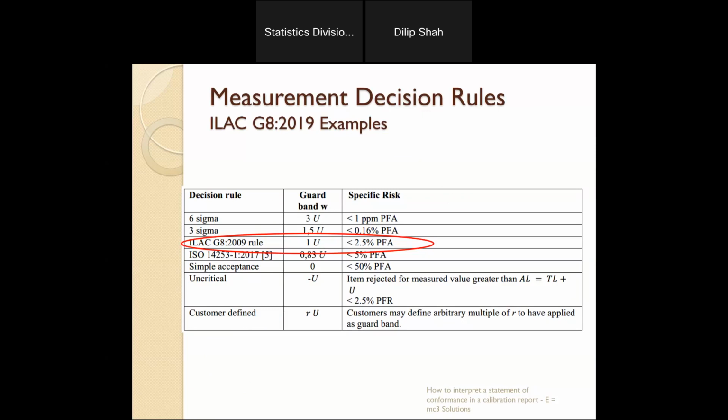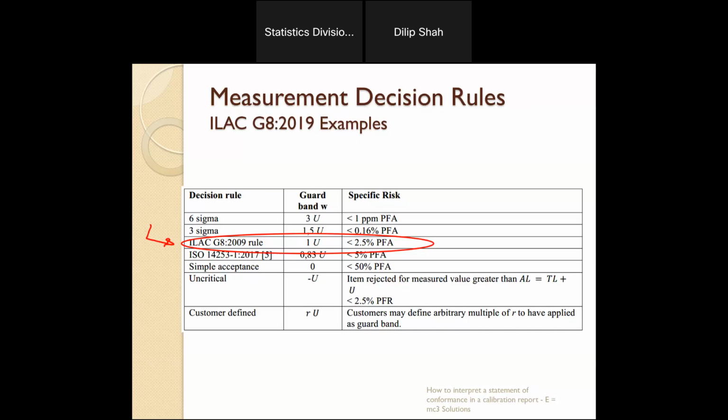So within this ILAC document, they have these different rules, and as an example, we're going to look at this ILAC G8 rule to illustrate our example in this presentation. And it says if we use this ILAC G8 2009 rule, it has a probability of false accept of less than 2.5% in there.